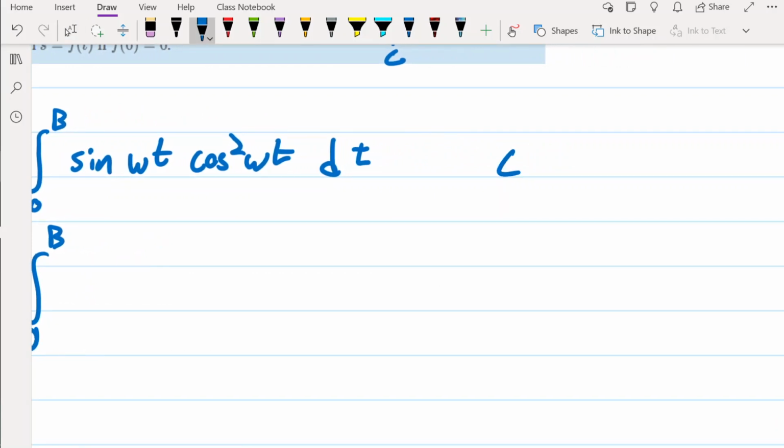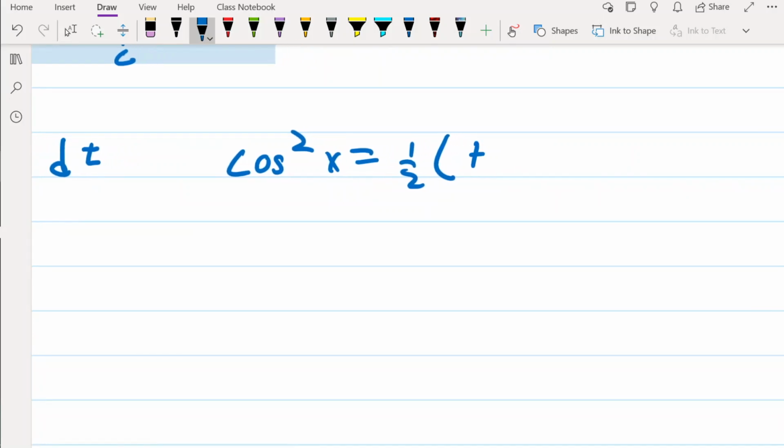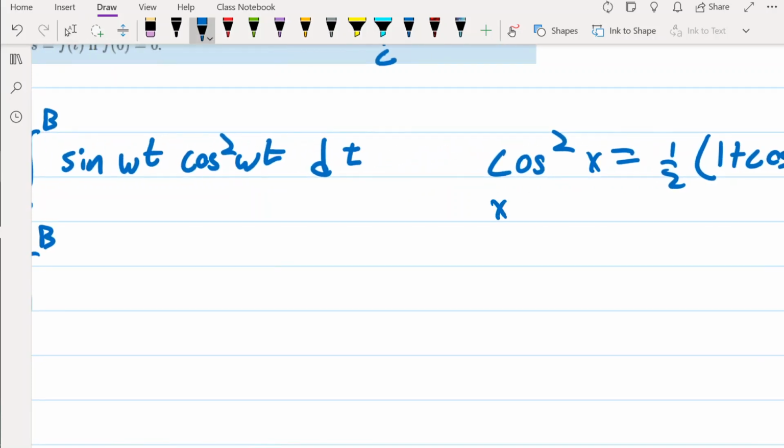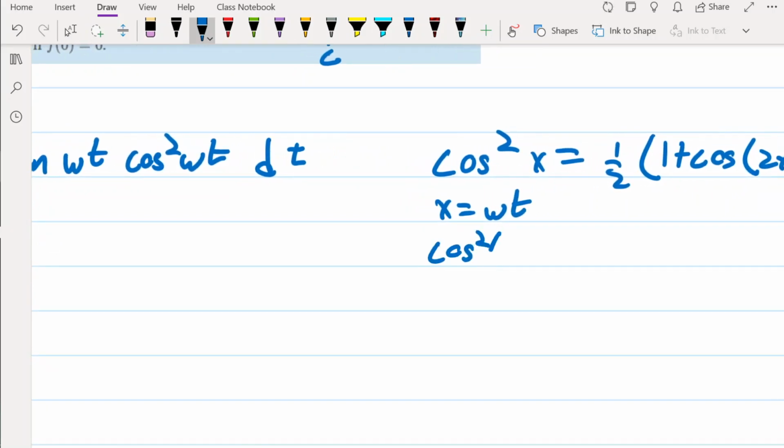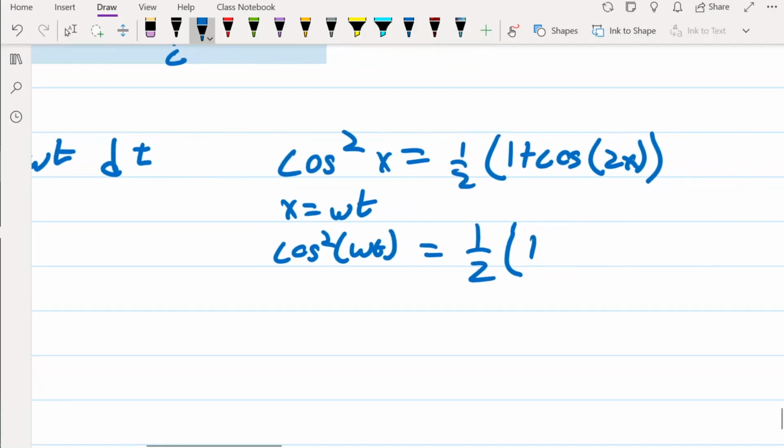I'm going to try cosine squared. Cosine squared of x equals 1/2 times 1 plus cosine of 2x. And in this case, x is going to be equal to wt. So instead, the cosine squared of wt is going to be equal to 1/2 times 1 plus the cosine of 2 times wt.